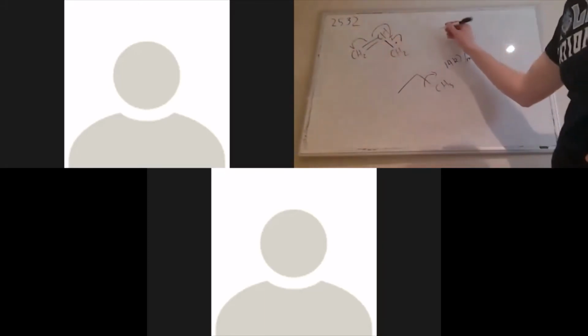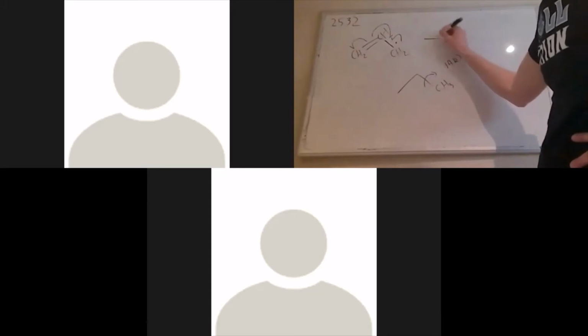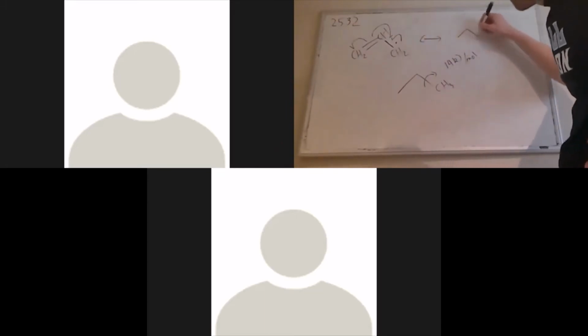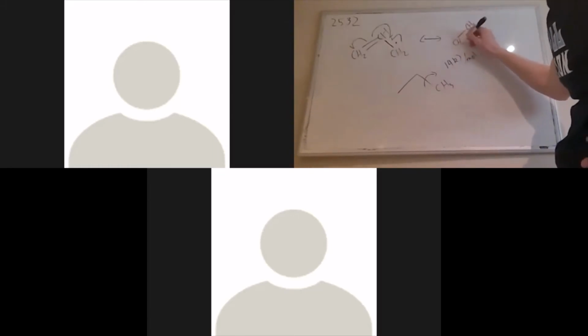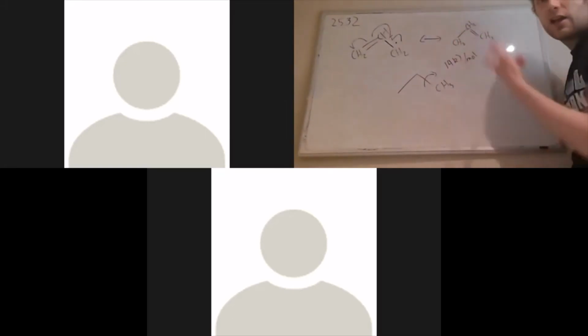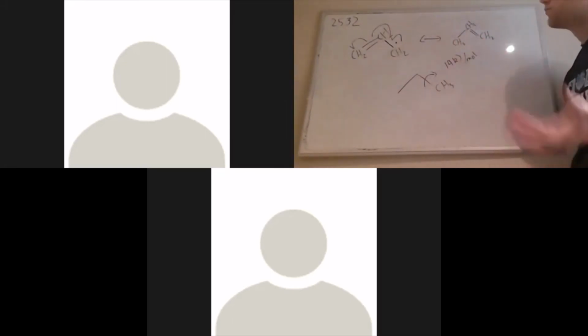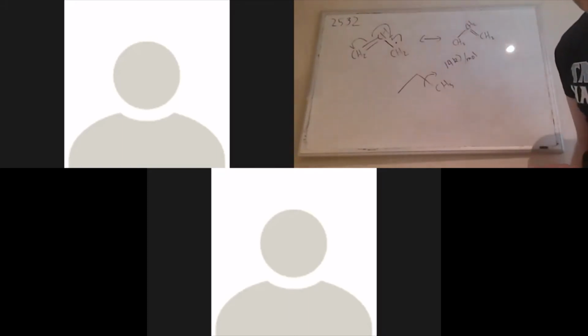Because we have those two equivalent resonance forms, we have partial double bond character on that position. So either one of those CH2 groups, whether it's on this side or this side, is partial double bond. It's really difficult to rotate around double bonds, which is why we see a much higher energy barrier. Does that make sense?